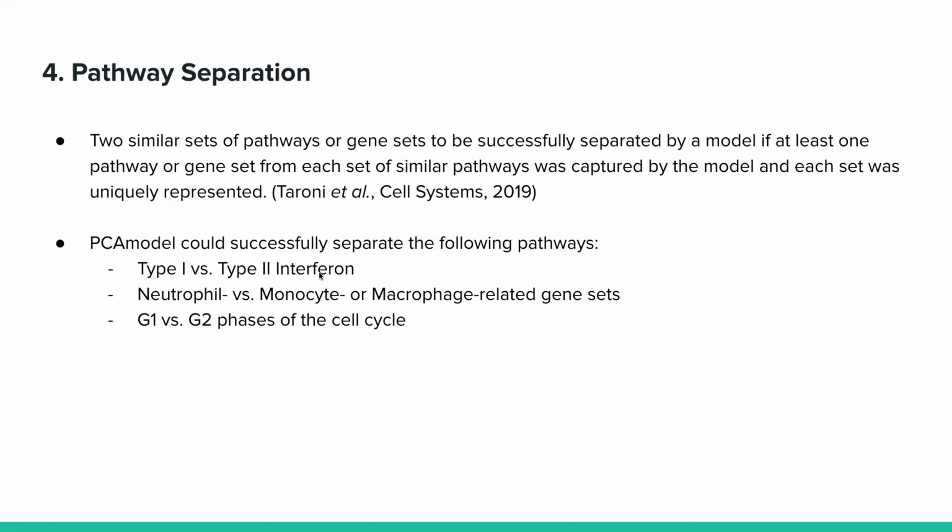These are just some handpicked, very similar pathways that were looked up and seen that these are separated in the model, meaning we have, in C2, type 1 versus type 2 interferon. They're similar pathways, but they're annotated to different RAVs in our model. The same for neutrophil, monocyte, macrophage related gene sets. They're annotated to different RAVs, and G1 versus G2 phases of the cell cycle.